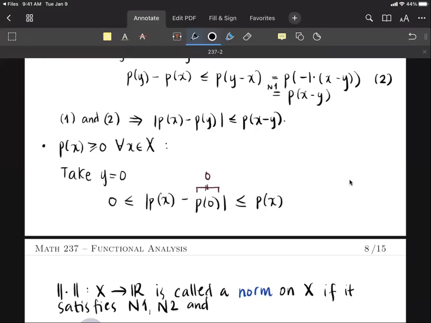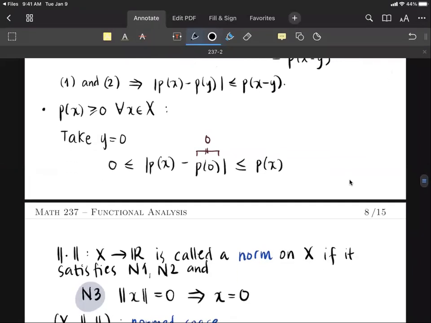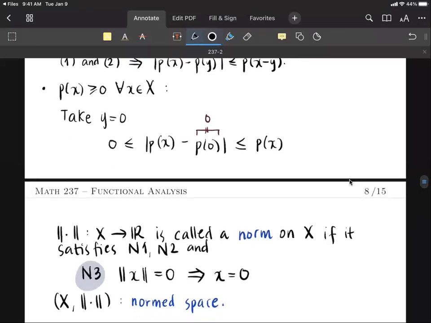So in other words, it's a seminorm, and that if the value with respect to a vector x is 0, then that must be the 0 vector. So if you take this as the Euclidean norm, then this is one that we could expect.